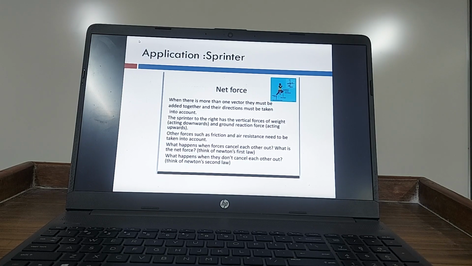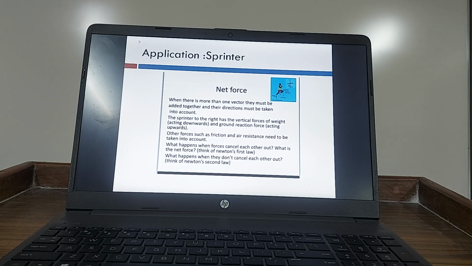So what will be the net force? What will be the net force? Use the first law of Newton here. What will be the net force? We have discussed four forces here: weight, ground reaction force, air resistance and friction. Air resistance and friction will not let me move, they will resist me. Now I am saying two forces have balanced, so which forces are left?